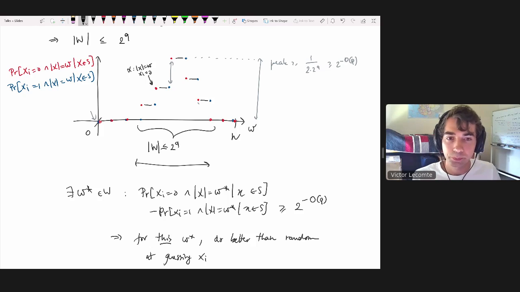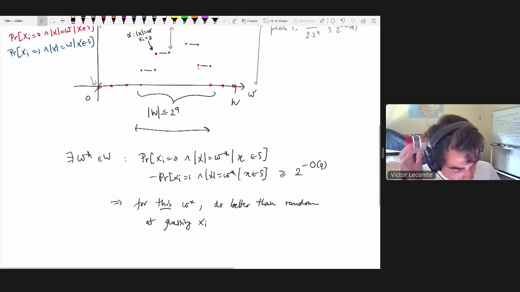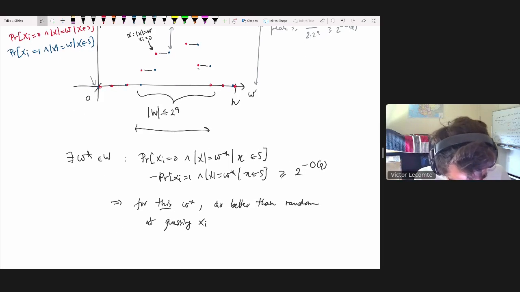So that means that at least a significant fraction of the time, you have a significantly better than random chance guess at xi.